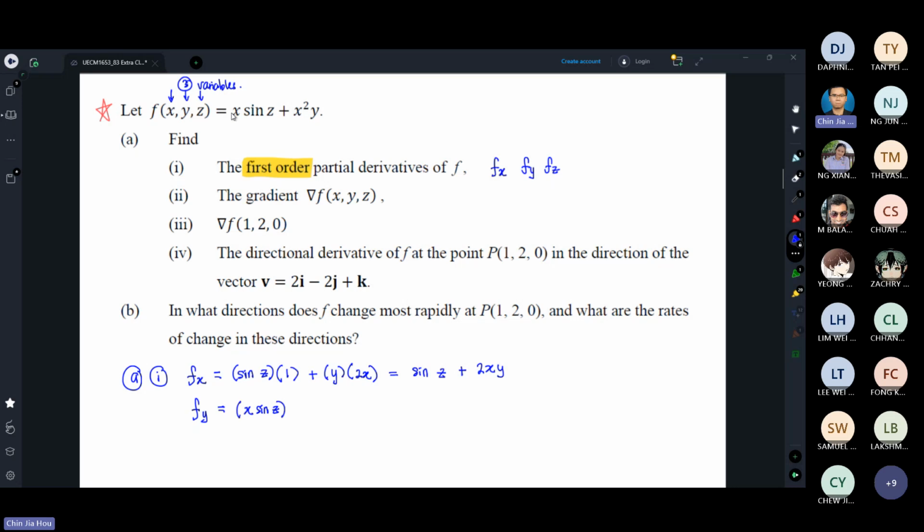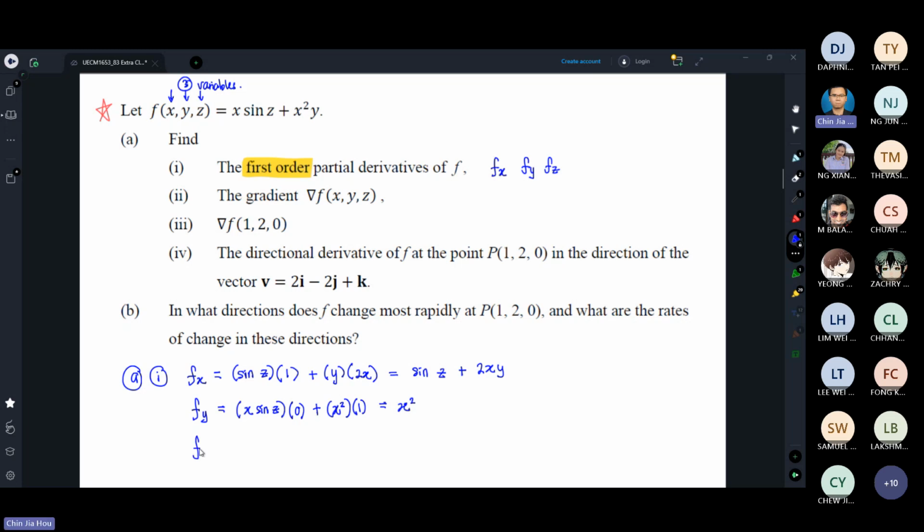But here there is no y. When there is no y, we can write 0. Then 0 multiplied with anything, we get 0. Then the second term we have y. So we write the constant, which is x squared, and then differentiate the y here, we get 1, so it equals x squared.